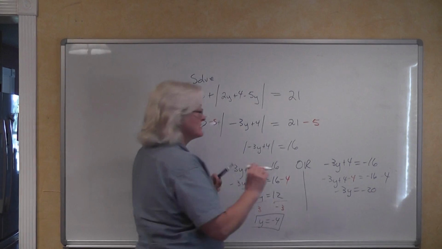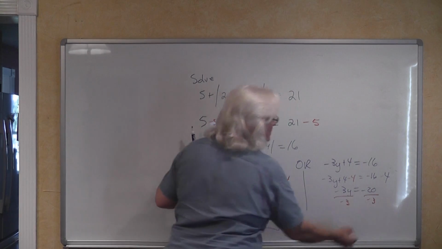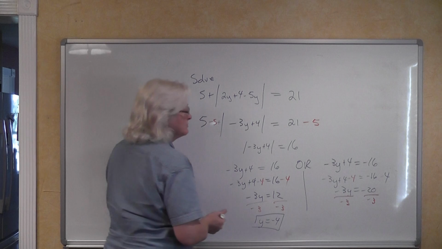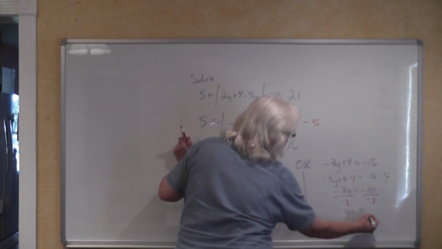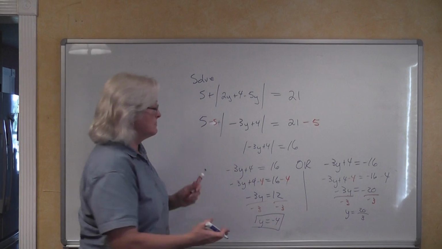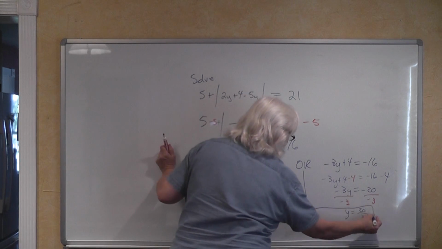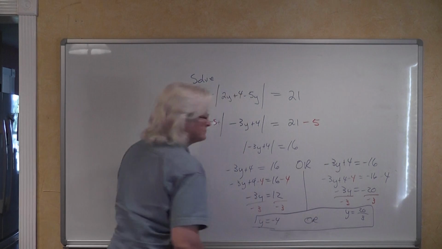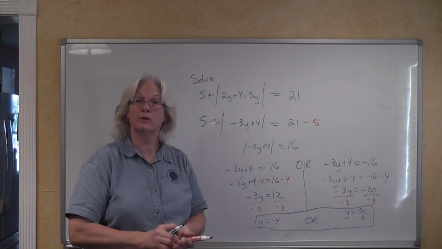We divide both sides of this equation by negative 3. Remember our rules for dividing integers, and we have that y is equal to 20/3. So we have two possible values. Either y can be equal to negative 4, or y can be equal to positive 20/3.